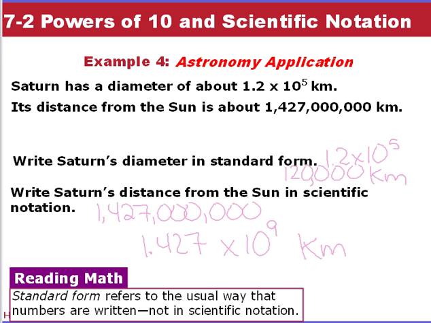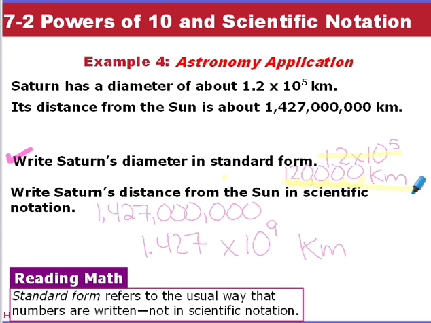We are told that Saturn's diameter is 1.2 times 10 to the 5th kilometers. So in standard form, we would move the decimal 1, 2, 3, 4, 5, so it becomes 120,000 kilometers. This is standard form, going from scientific notation into numbers we generally work with.